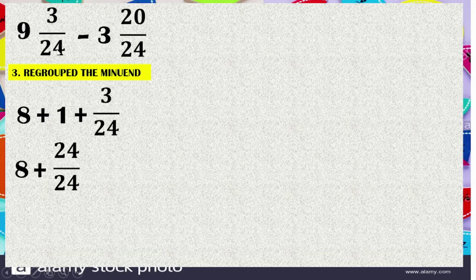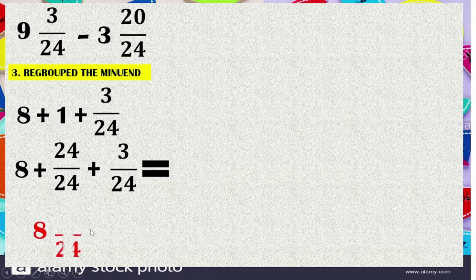So, gagamitin nyo yung denominator ng fraction na yan. Okay, para the same sila ng denominator plus. I-plus na natin dito, 3 over 24. Yan. So, ano nang mangyayari? Equals, yan, kopyahin si 8 and then 24 plus 3 is 27.